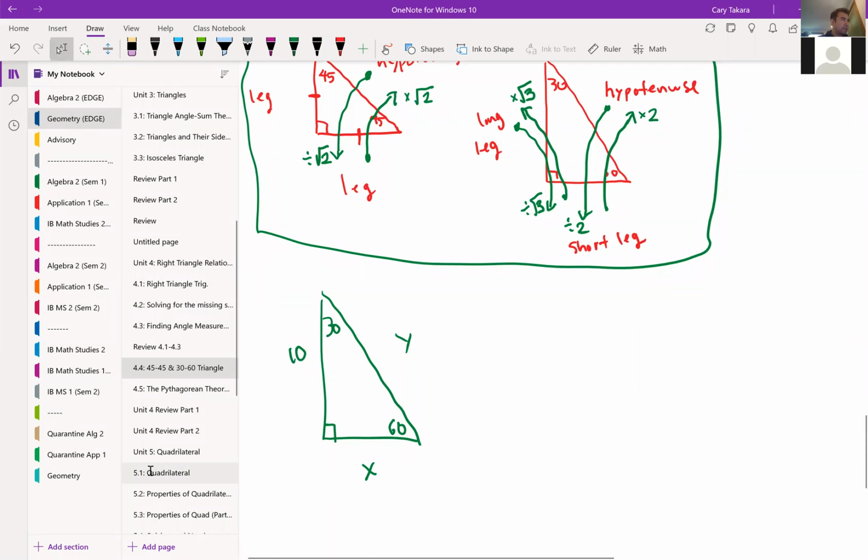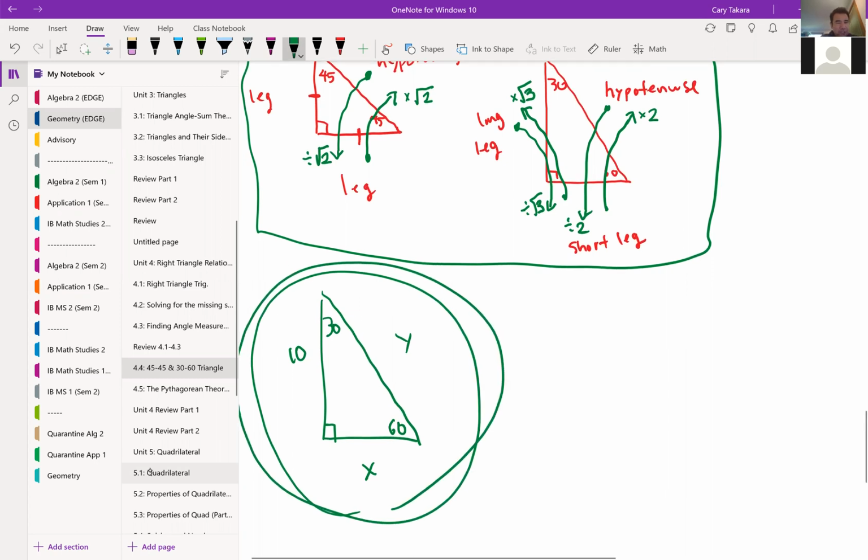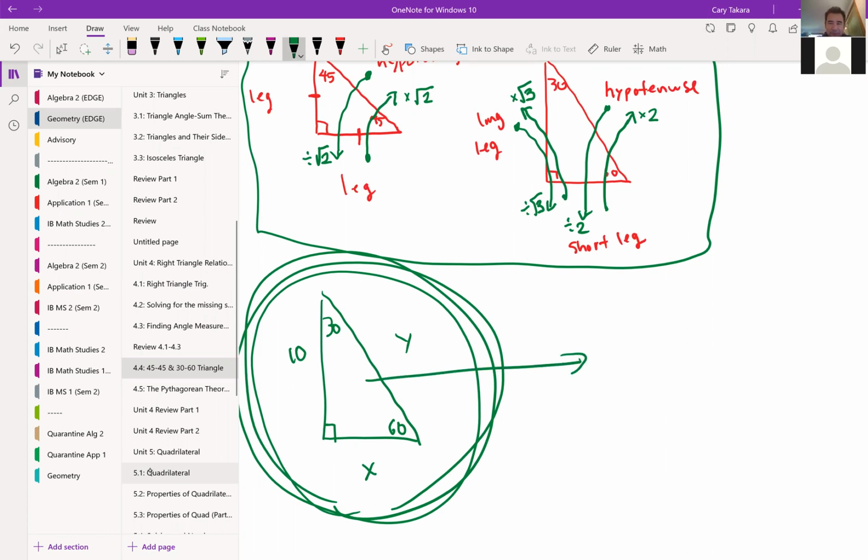The short leg is vertical and the long leg. Now, on the test or quizzes or assignment, I may not write this in this way. I could write it like this: here is a 90 degree, this is a 60 and this is 30.